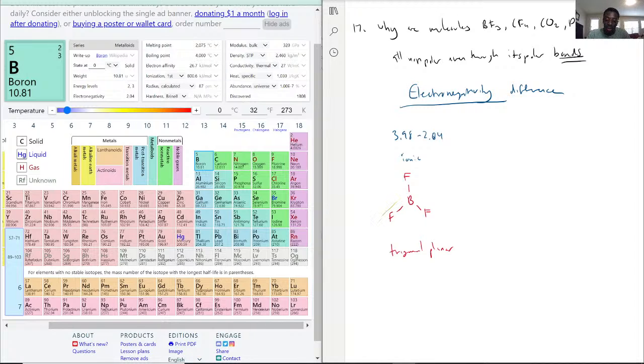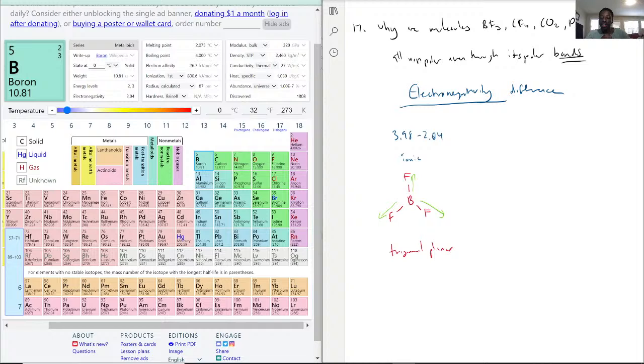The fluorines pull on the boron with the same strength, making the net pull, the net movement, which involves a little bit of physics, zero. It can't move anywhere because it's being pulled in all directions with the same strength. And that is why BF3 is non-polar, even though it has very strong ionic bonds on each end.